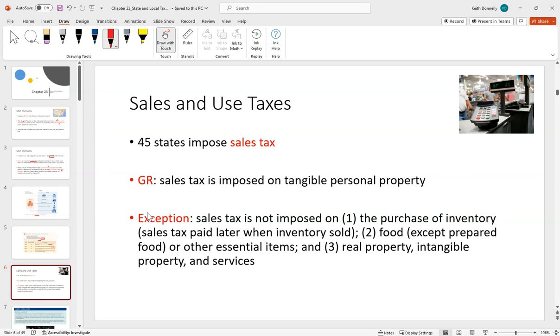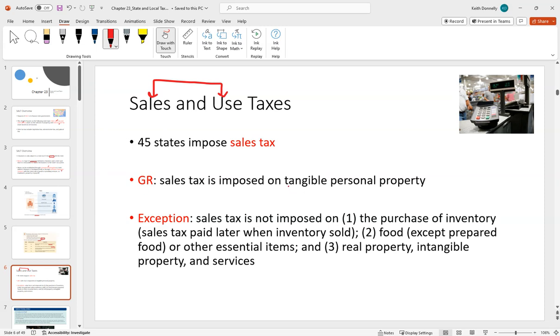So let's talk about these three taxes, right? In this chapter, we're going to talk a little bit about sales tax, a little bit about use tax, and then income tax. So let's start here with sales tax, and it's kind of a partner with use tax because if they don't get you on sales tax, they'll likely get you on use tax. So general rule, right?